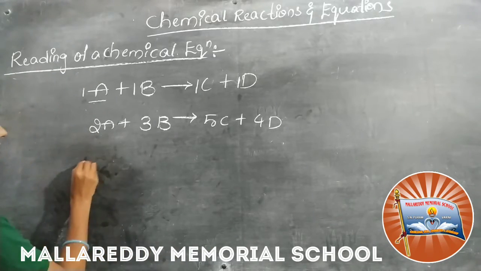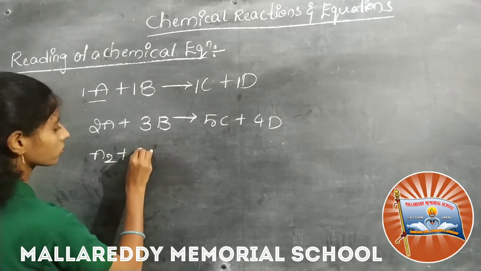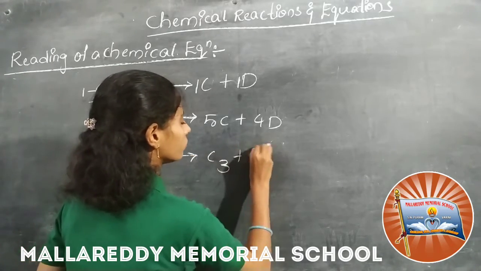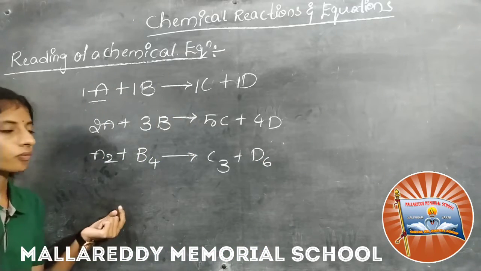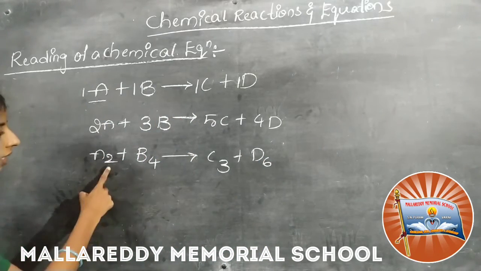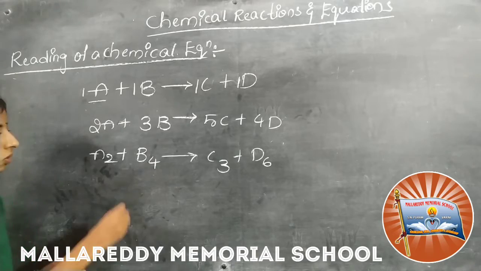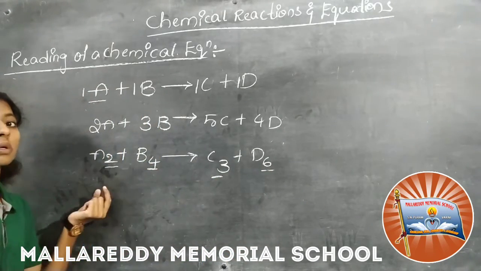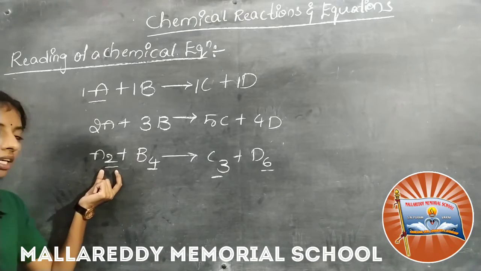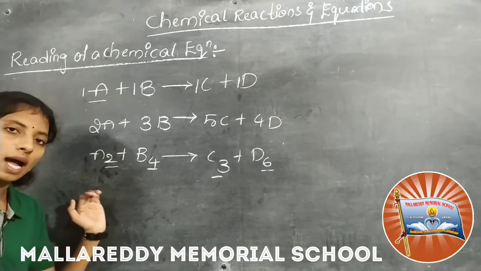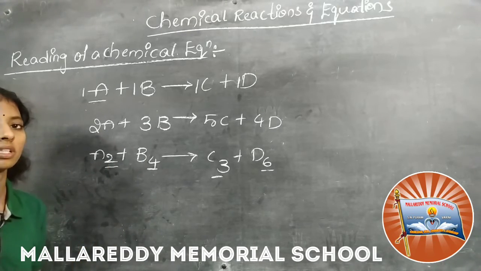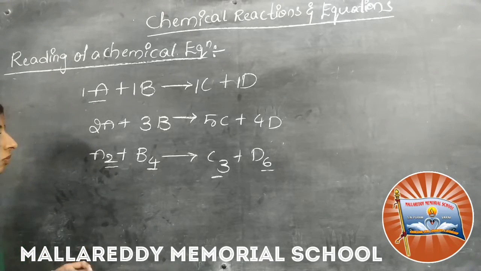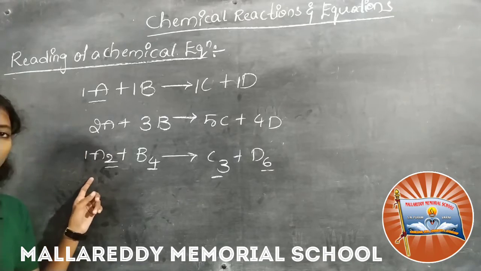So for example, if we have like this, now in this chemical equation I have taken numbers at the downward side. So these numbers indicate subscripts. That is nothing but the number of atoms present in the chemical equation. So how many molecules of A do we have here? We know if there is no number, that indicates 1.